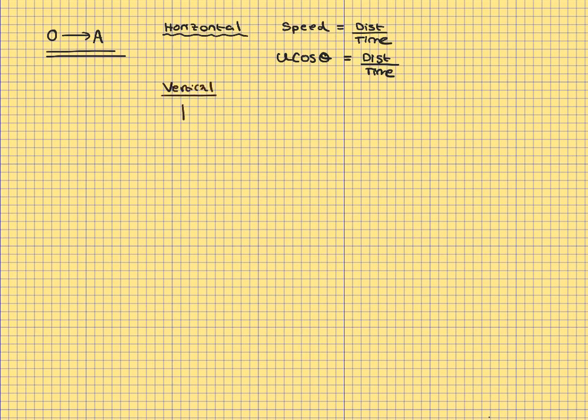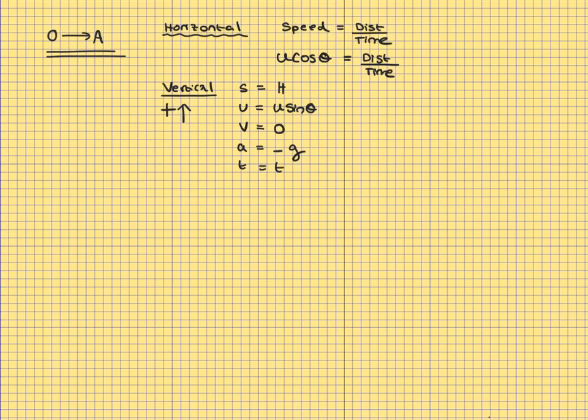We'll choose up as our positive direction, and we'll fill in some SUVAT information. So from O up to A, we know the displacement is h, u we know is u sine theta, v equals 0 at the maximum height travelled, a is negative g, and t is the time.